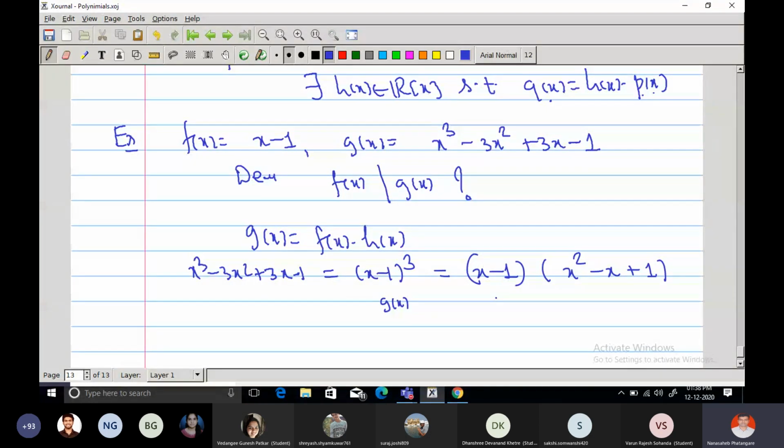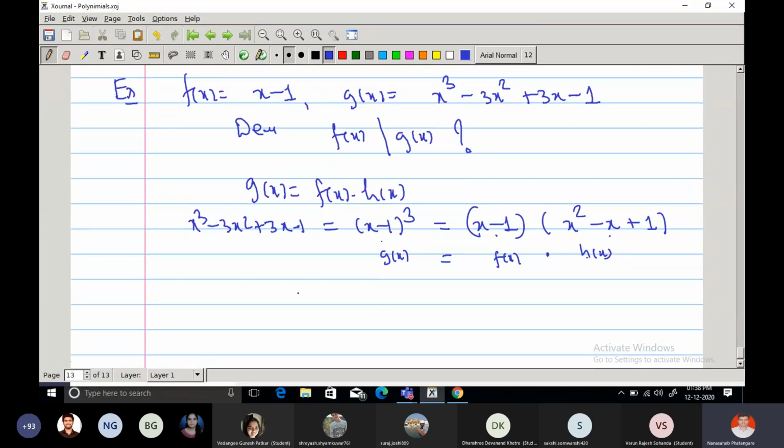Right, can I say that x square minus x plus 1 divides gx? Can I say this? Yes, sir. When I say that 2 divides 6, that means 6 is equal to 2 times 3.